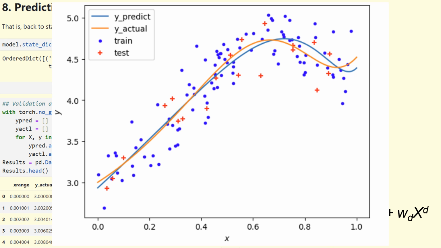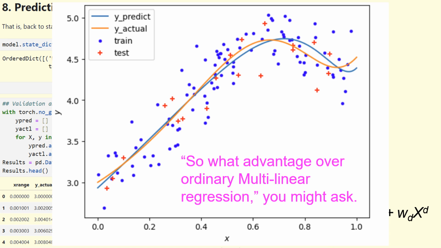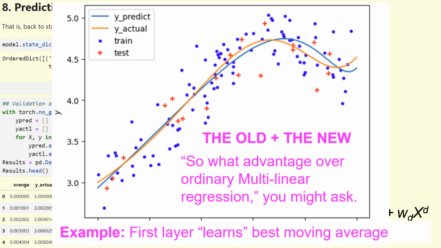And we actually can get a pretty nice prediction that's some reasonable approximation of the actual. So what advantage do we have over ordinary multilinear regression, you might ask? Well, the old plus the new. So we could actually learn the best moving average for reducing the noise in the data before we do multilinear regression.